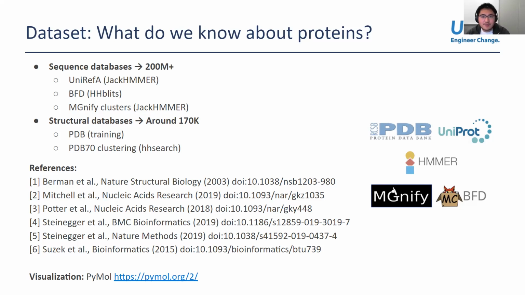I will point out the resource slides later. They also provide their predictions for a lot of proteins. At the end of this reading group, we'll show resource slides on how they gather their resources from PDB and other sequence databases.